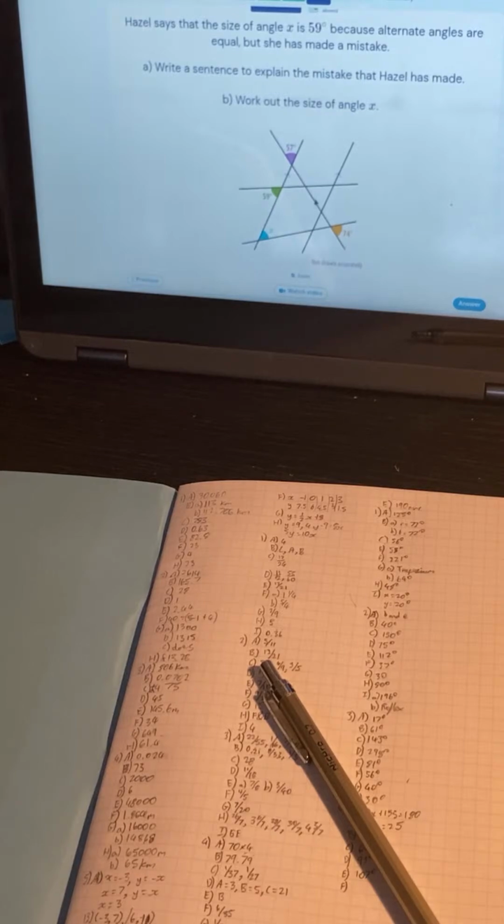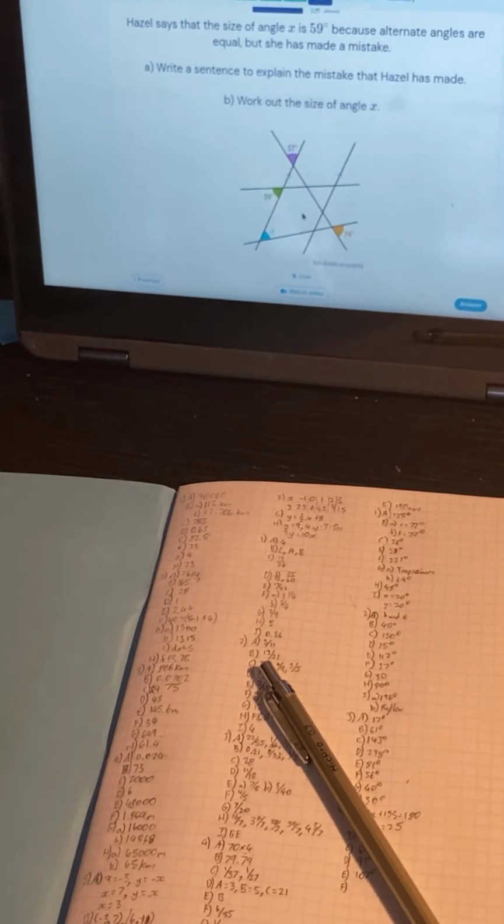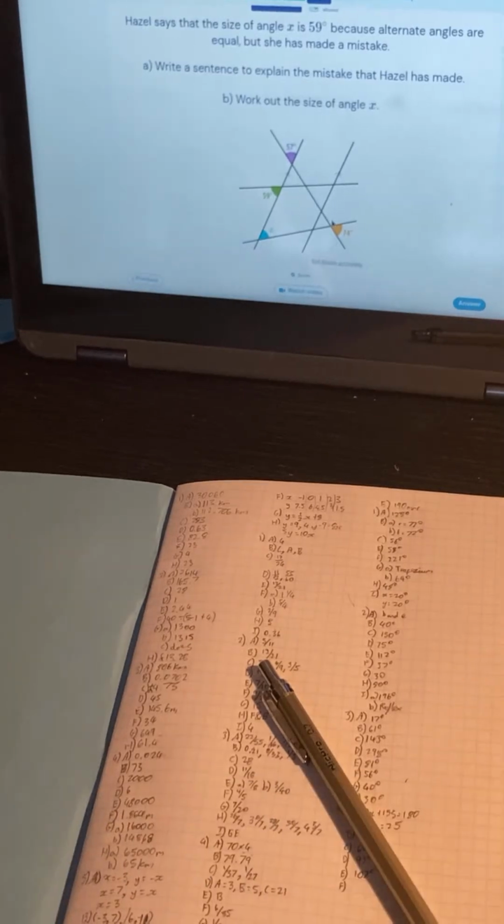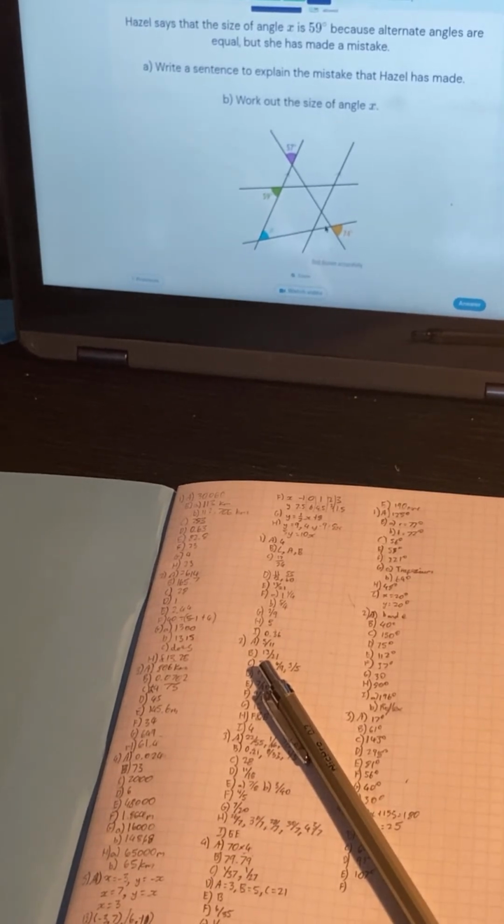Wait, 1, 2, 3, 4, 5. I lied to you. It's a 5-sided shape. So I can't do any smart things. Get that angle. That'd be pretty nice. I could get that. What do you say it is? 15. Okay.